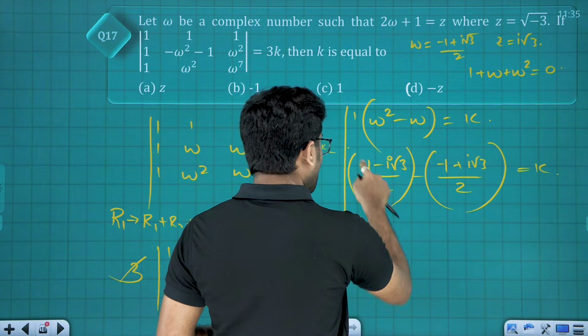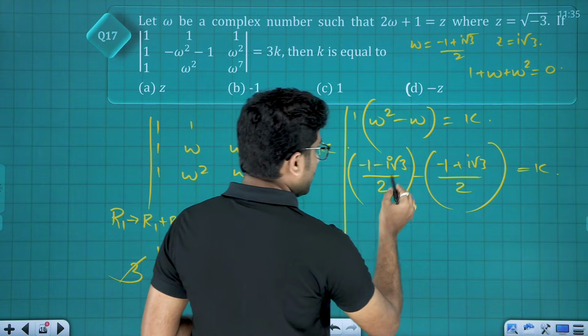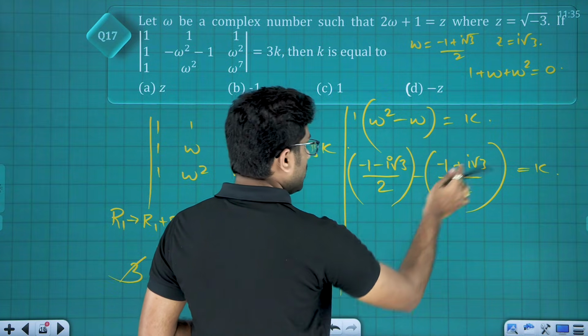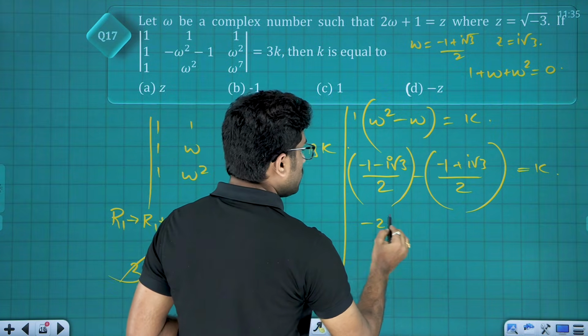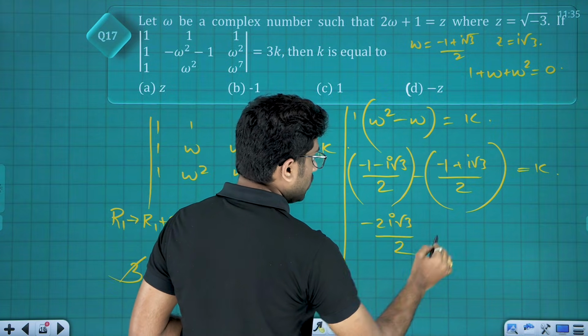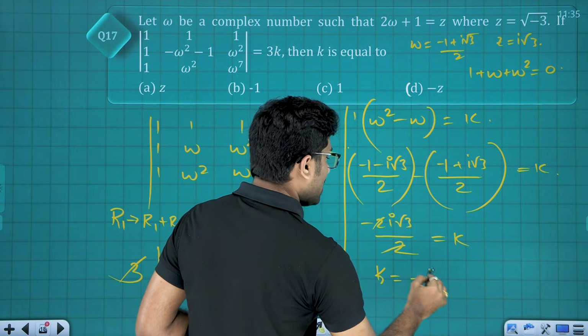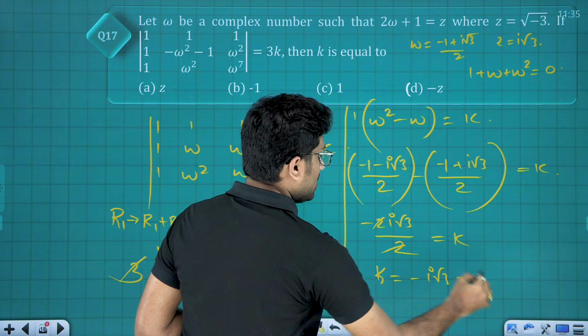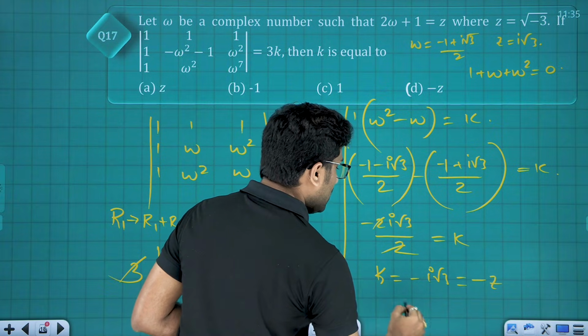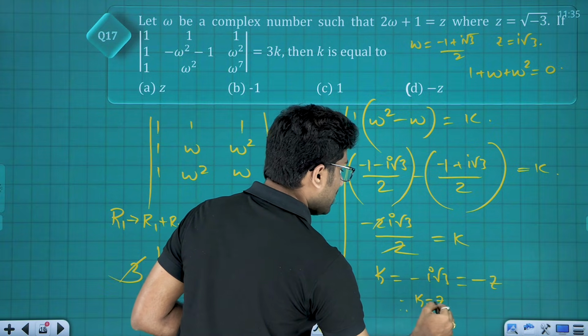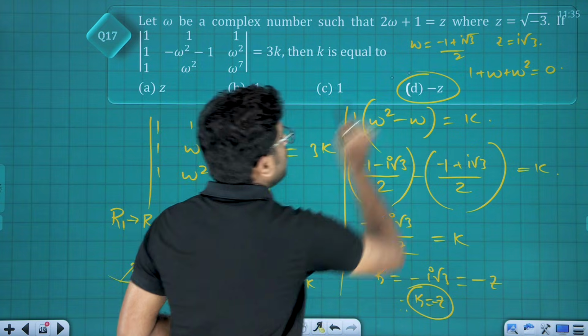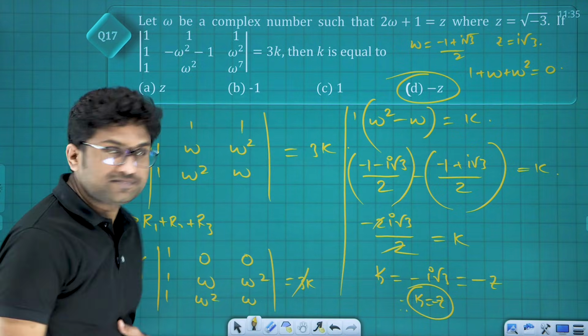So clearly -1/2 plus 1/2 gets cancelled. -i root 3/2 minus i root 3/2, -2i root 3/2. So k is equal to -i root 3. Minus of i root 3 is z. Therefore k is equal to -z. Answer is option D. Clear?